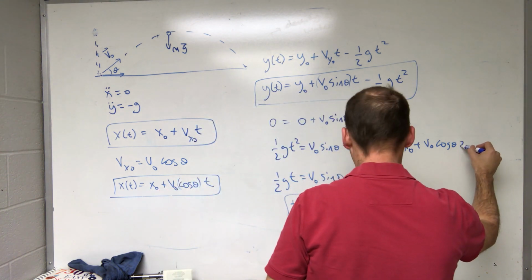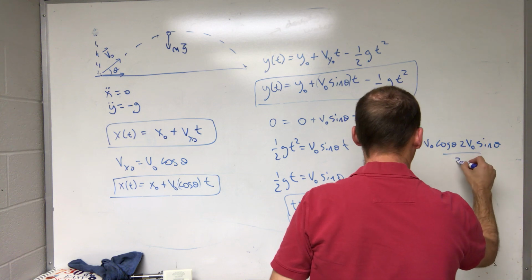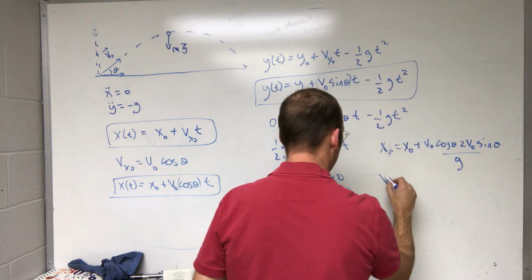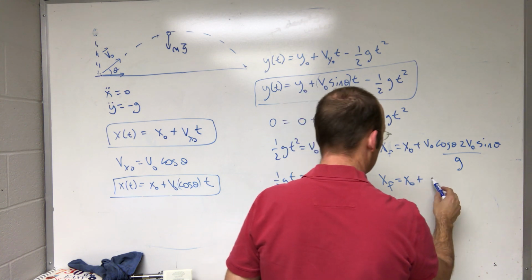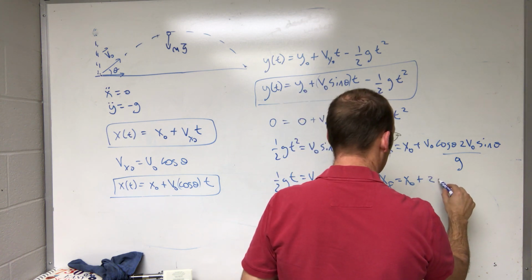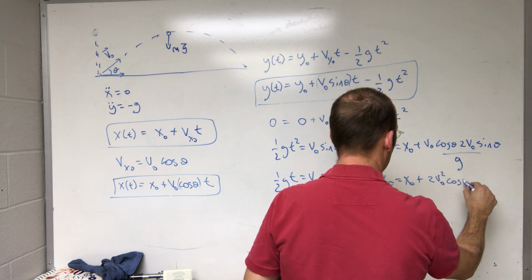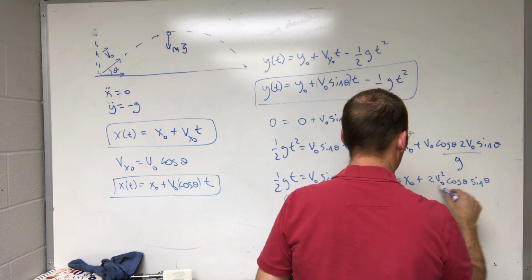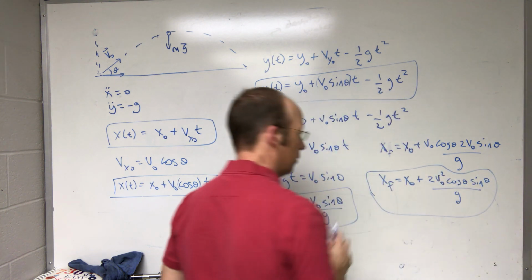So that's going to be 2 v0 sine theta over g. So x final equals x initial plus 2 v0 squared cosine theta sine theta over g. And that's your answer. Okay.